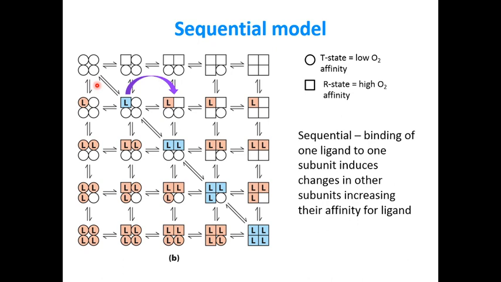For example, if you assume that all the subunits are in the circle state or the T state, which is a low affinity state, binding of a ligand, shown here as L, and the square. The square is because the binding of one ligand converts the T to the R state.